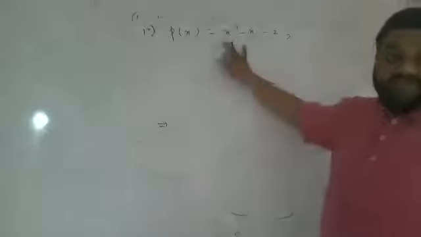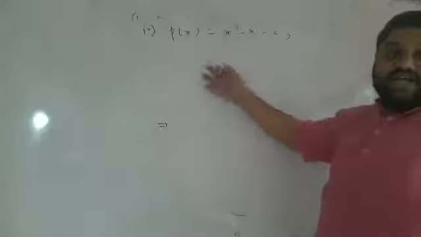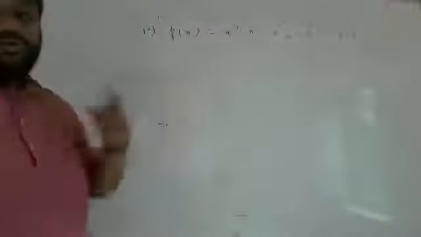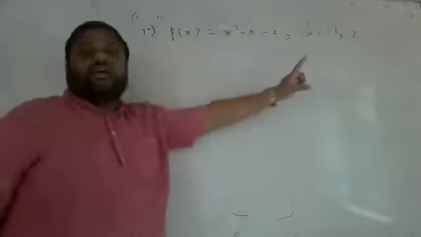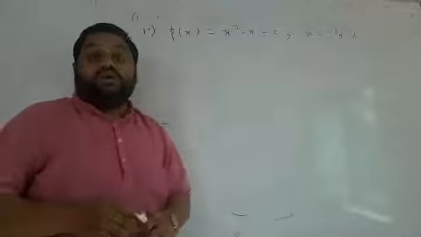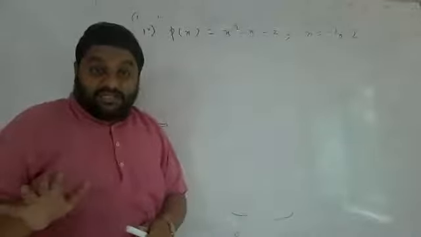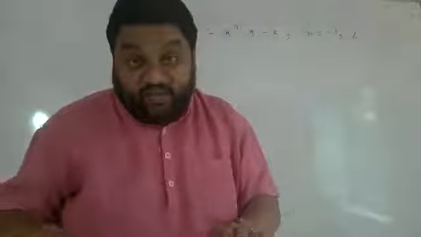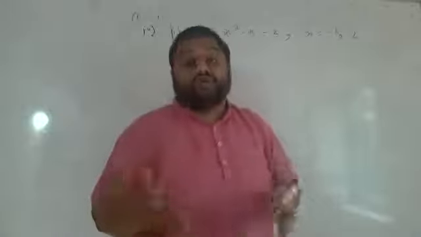Suppose this is P of x, x square minus x minus 2, and x values are given to you as minus 1 and 2. These are the two x values that you need to check whether they are the zeros of P of x or not. Did you understand this? We are not going to check the factors now. We are going to check the zeros of P of x.